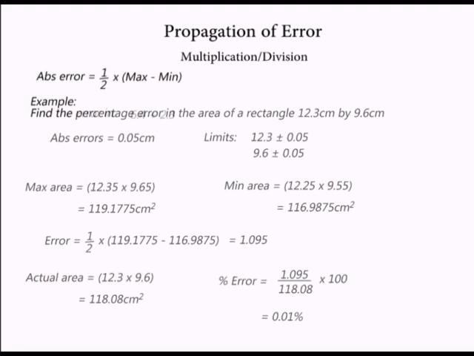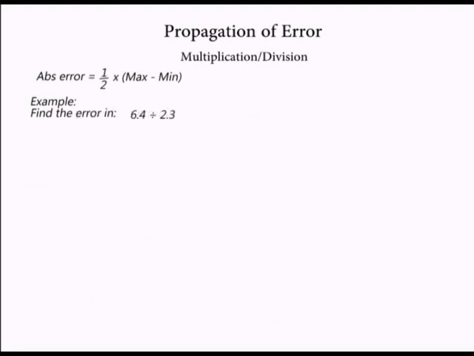Another example, find the absolute error in 6.4 divided by 2.3. Again, observe carefully how we go about this one. The absolute errors in both is 0.05. Limits 6.4 plus or minus 0.05, 2.3 plus or minus 0.05.